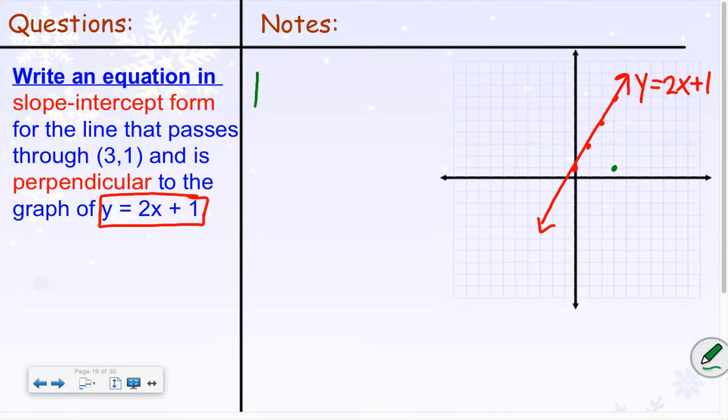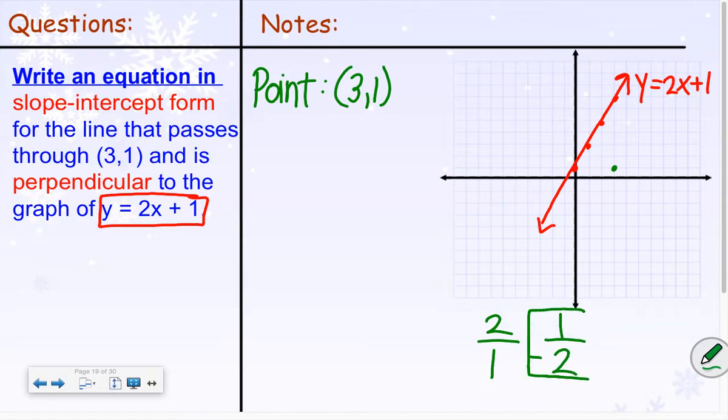So our new line has to go through the point (3, 1). And I also know that my new line has to have a flipped and changed slope. So the slope of my line right now is 2. So if I flip and change that, I'd get -1/2. So my slope has to be -1/2 for my new line.